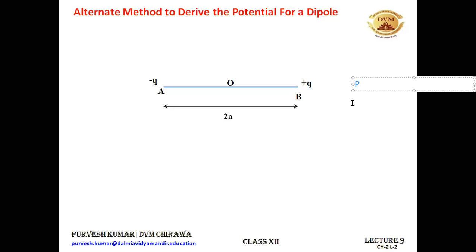So this is P. My P is an axial point, and it is at a distance small r from the center of the dipole. So this is the distance of this point P from the center of the dipole. It is small r.